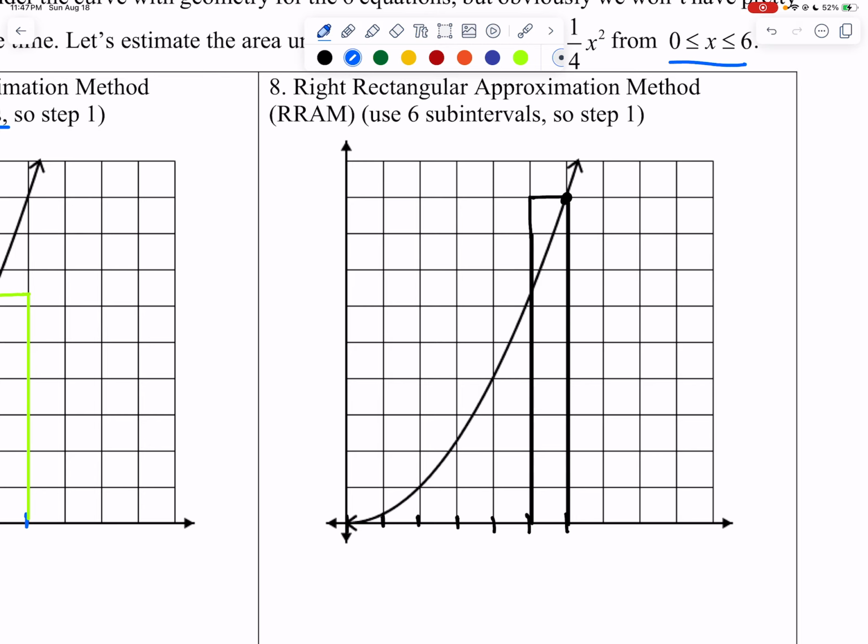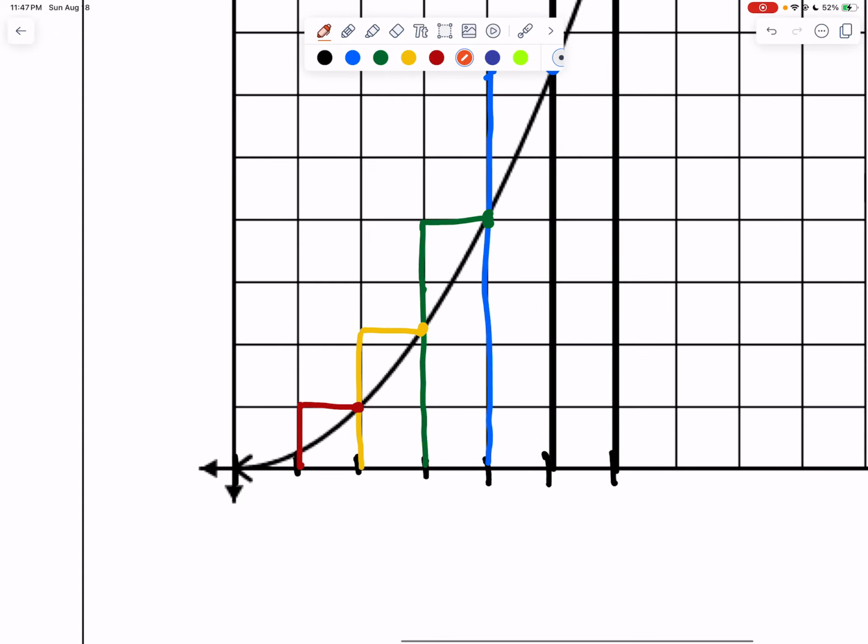And then I have my next rectangle right here at x is equal to 5. Going from 5 to 4. And then going from 4 to 3. Then going from 3 to 2. Going from 2 to 1. Then going from 1 to 0.